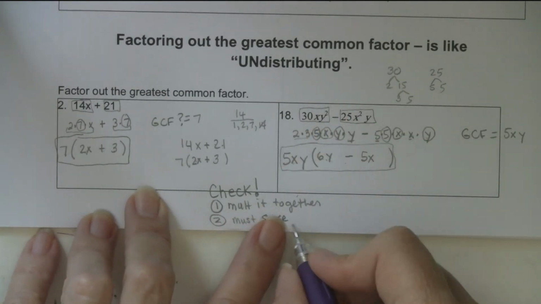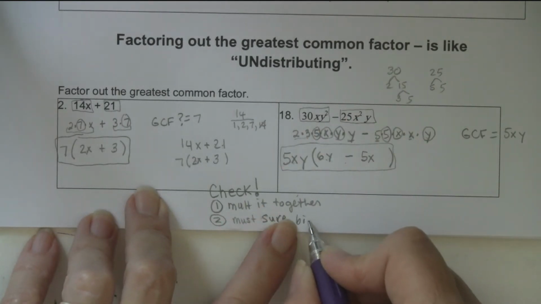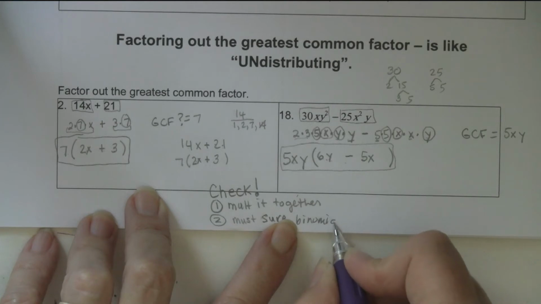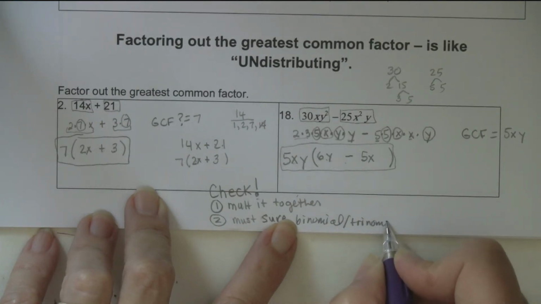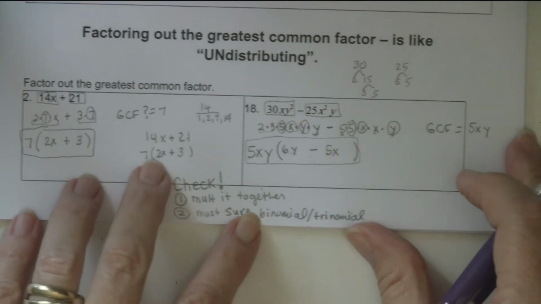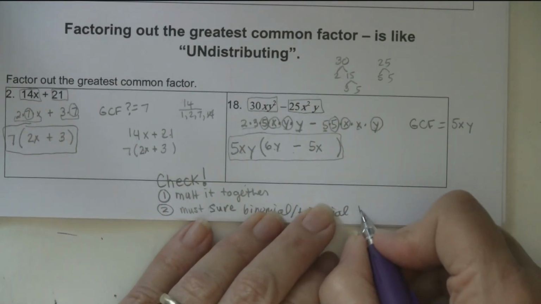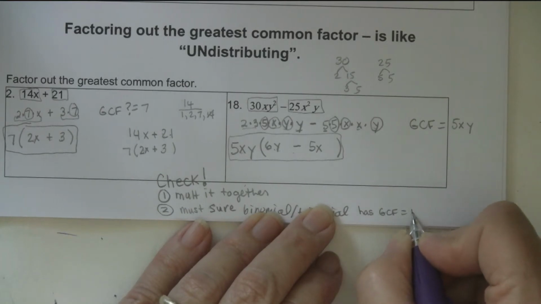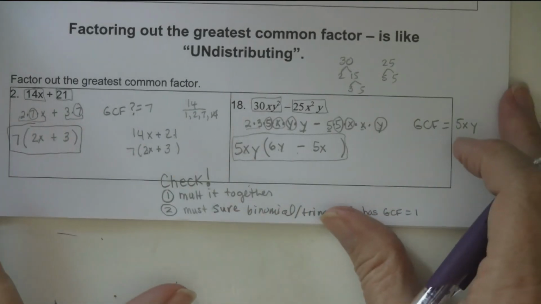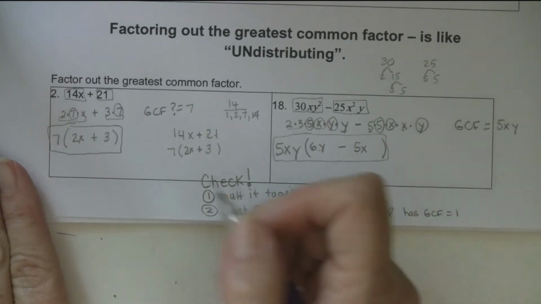Make sure the binomial or the trinomial, whichever you have, has a greatest common factor of 1. I have binomials here, but I think I have an example with a trinomial. In other words, it won't factor anymore.